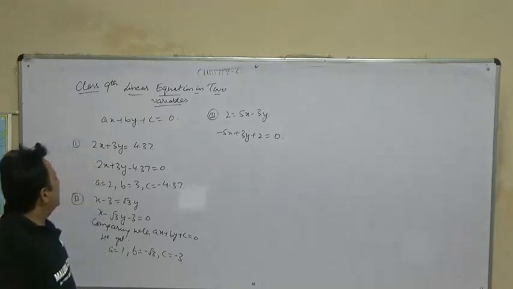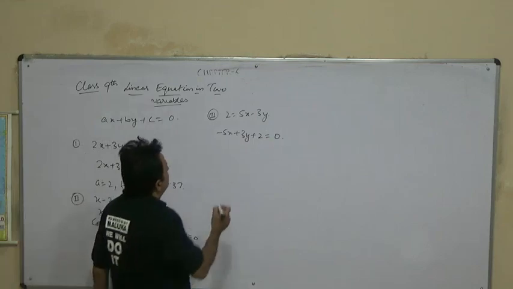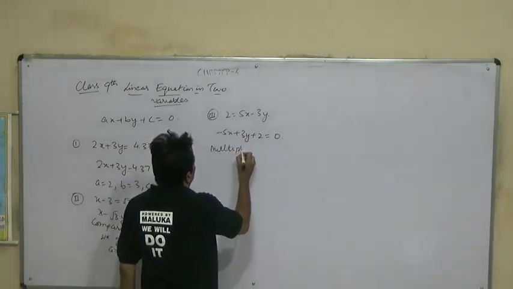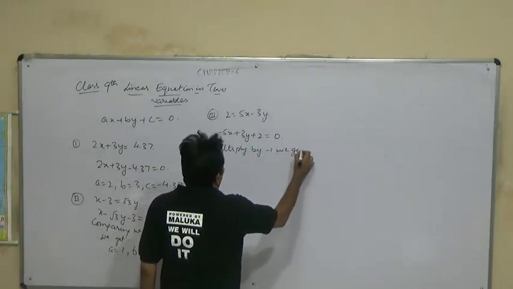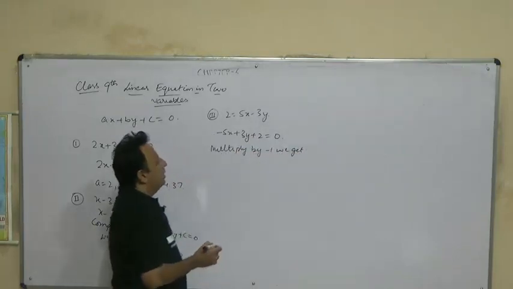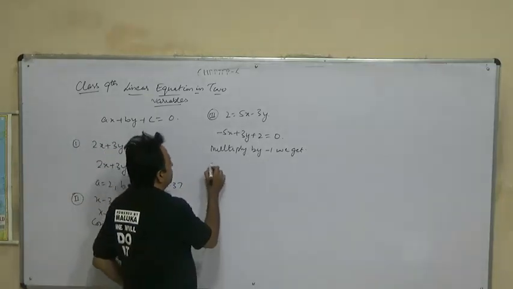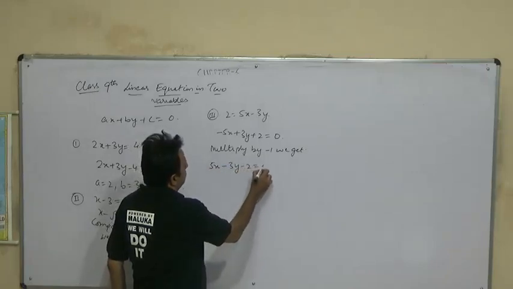But basically what we need is that the first term should be positive. So we multiply this equation by minus 1, and all the signs will be reversed. Negative will change to positive, positive will change to negative: 5x minus 3y minus 2 is equal to 0.